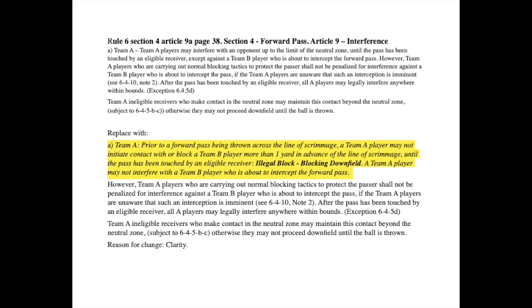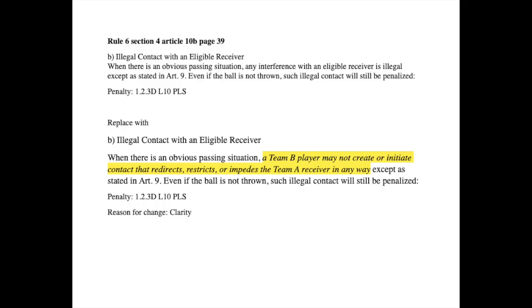Walter, you had some thoughts on this. Okay. This one basically is only the first sentence we really changed in here. The philosophy behind the change goes hand in hand with the change we also made in Rule 6410B, ineligible, illegal contact on an eligible receiver.